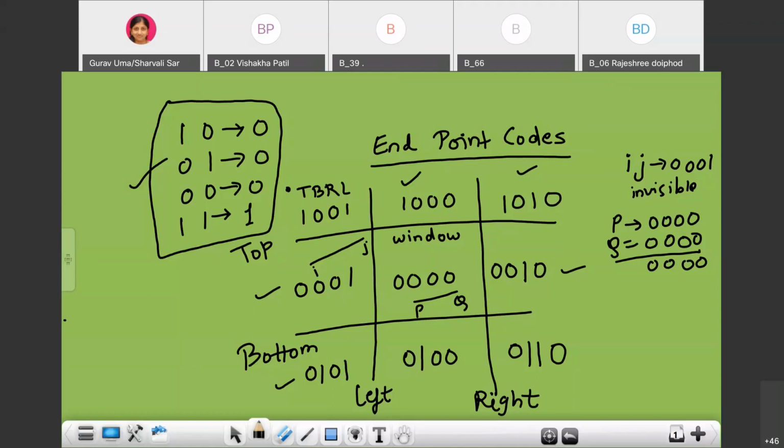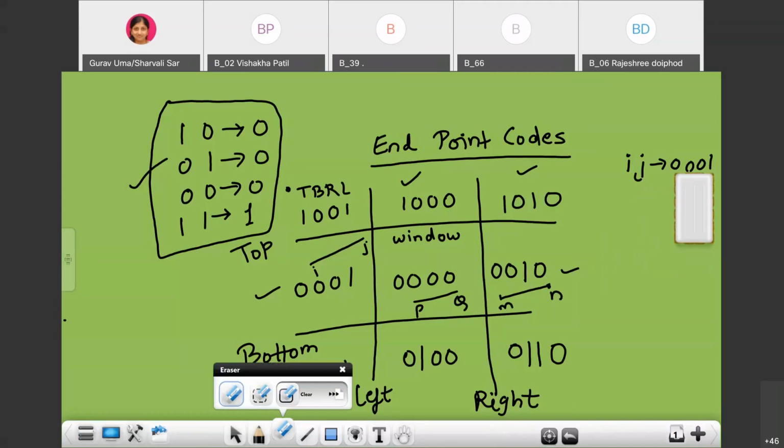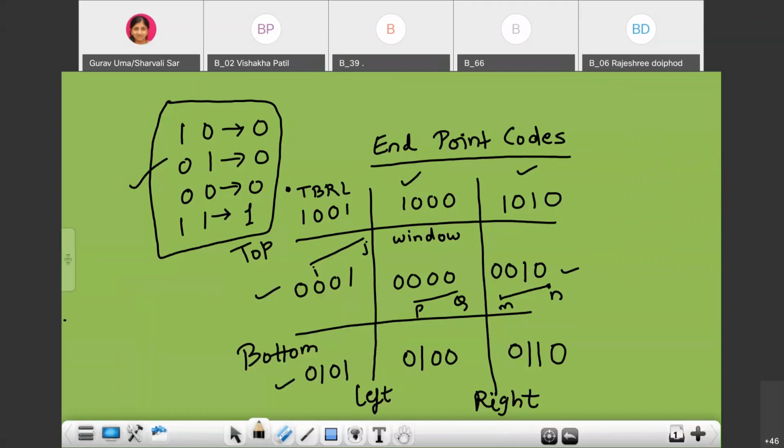Now let's consider this as my line, having M and N as its points. The point M code is 0, 0, 1, 0, and the point N code is also 0, 0, 1, 0.